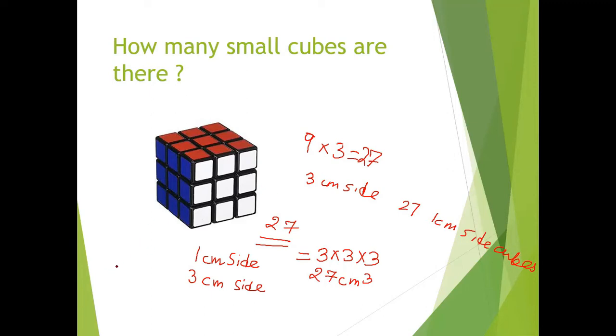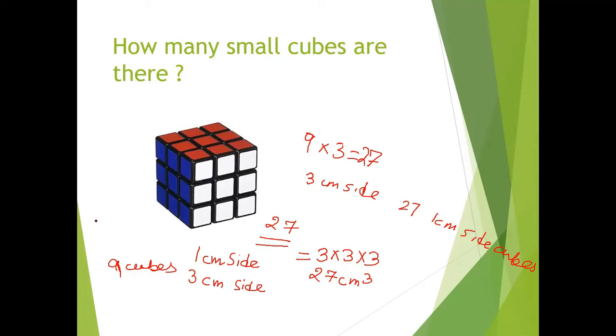If I take 9 cubes, can I make a cube? If only 9 cubes are there, it will be a cuboid. Its sides will not be equal.